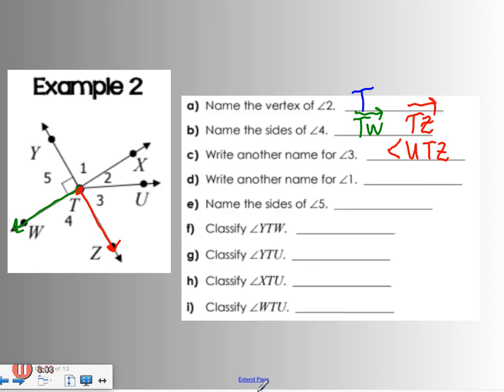YTX, agreed? Name the sides of angle 5. TW, TY.